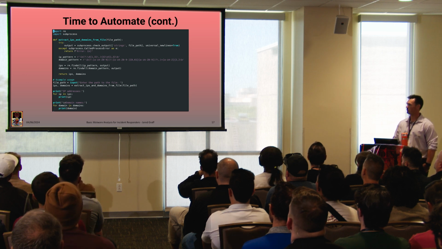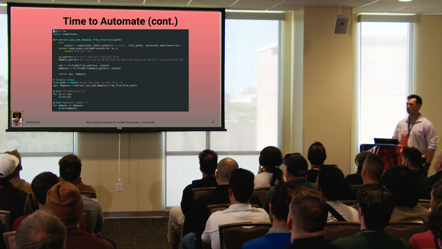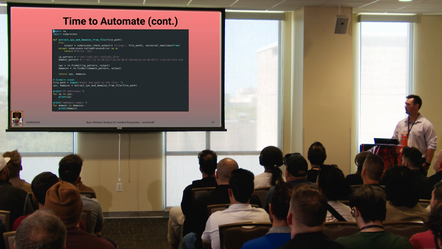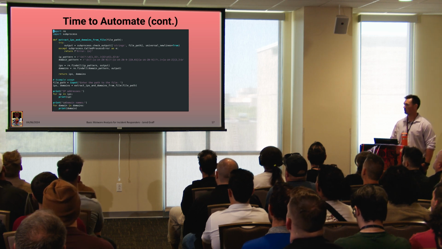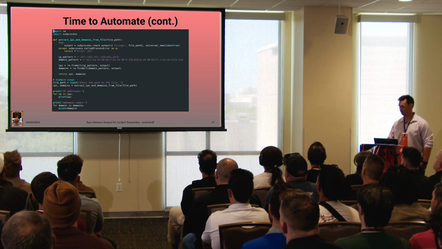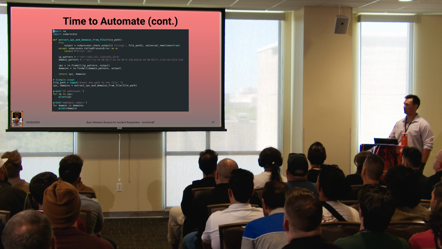And then at the end here, we're running the IP pattern regular expression and domain regular expression against our output, which we saw up here was defined as the strings output. And then at the end, we're using print to print them to the screen. So that's all those steps I went over at the beginning of the presentation, all automated into one script.